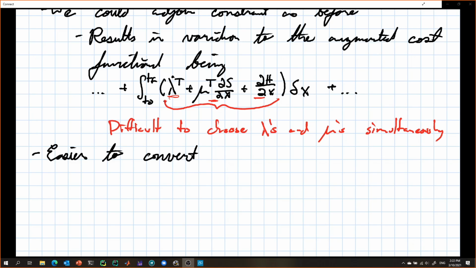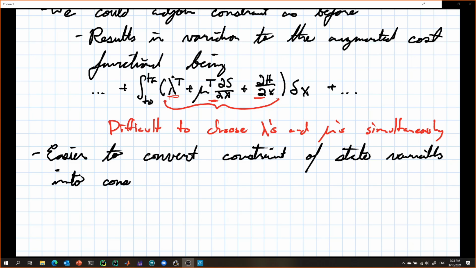convert, actually let me add an extra word, constraint of state variables into, that's a bad into, constraint of control and state variables.